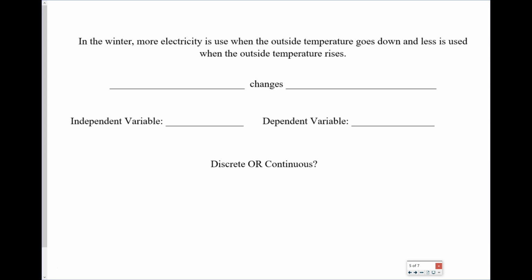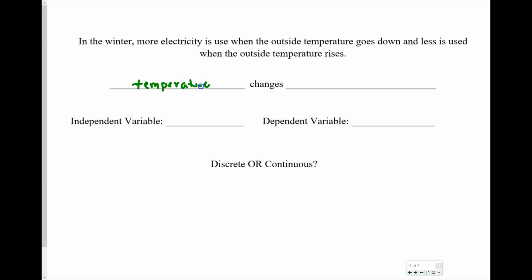Okay, in the winter, more electricity is used when the outside temperature goes down, and less is used when the outside temperature rises. So what is changing what? Okay, and this is important because we're not really choosing anything. We're not choosing the electricity, really. We're not choosing the temperature. However, we have to think about what depends on what. And in this case, depending on what the temperature is outside, we can't control the temperature.